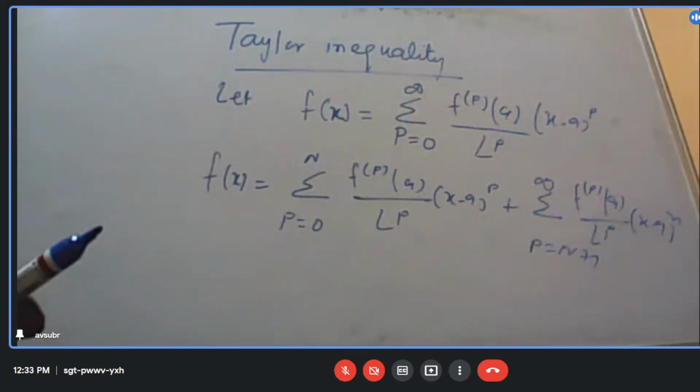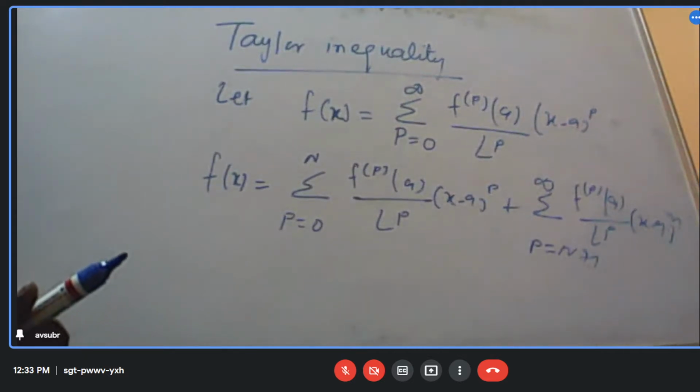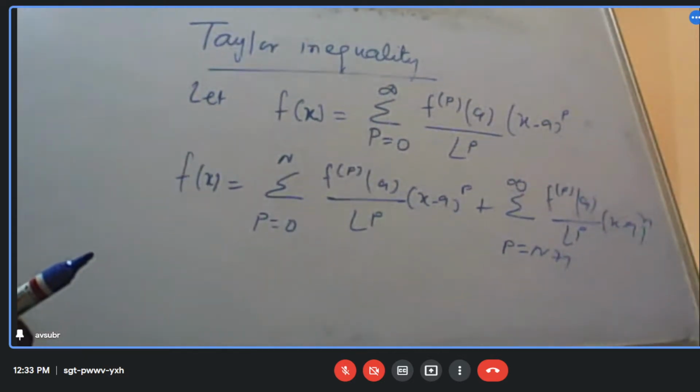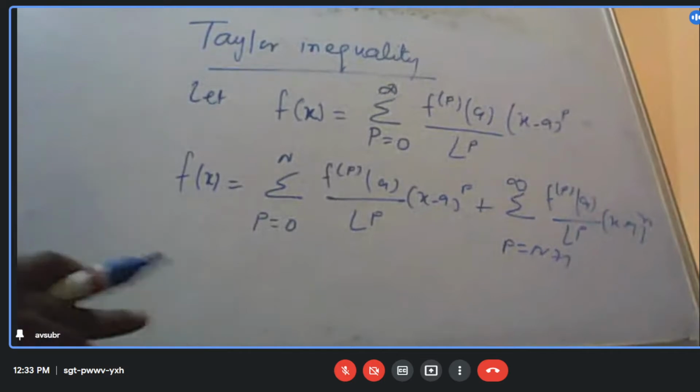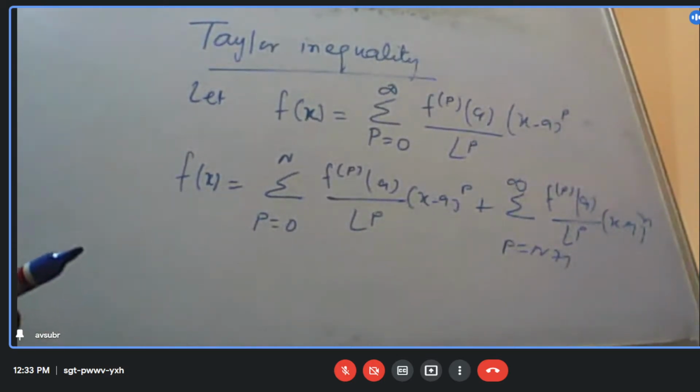I hope it is clear. What I have done? I have simply divided this series into two parts. One runs from 0 to n and the other runs from n plus 1 to infinity.